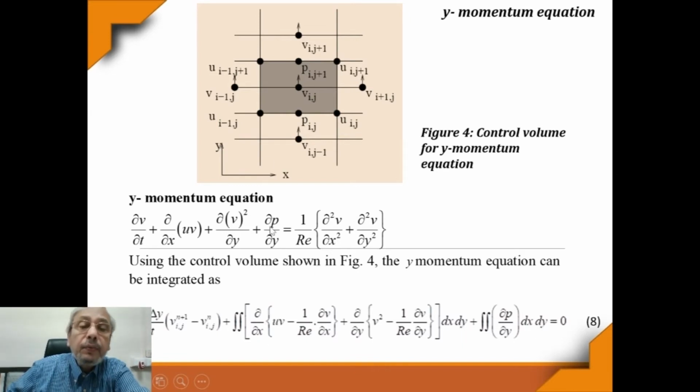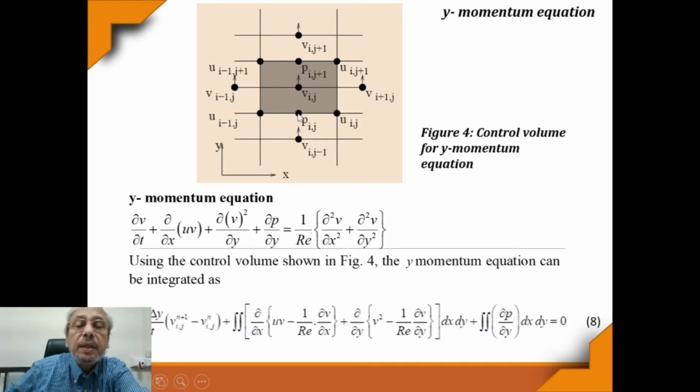over the v control volume. Now when we define the v control volume, Vij velocity is defined at the center of the cell, and the neighbors are considered accordingly.